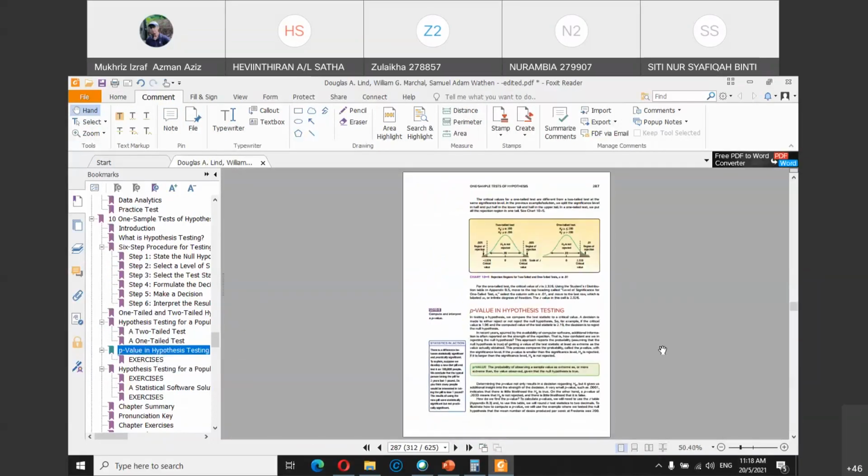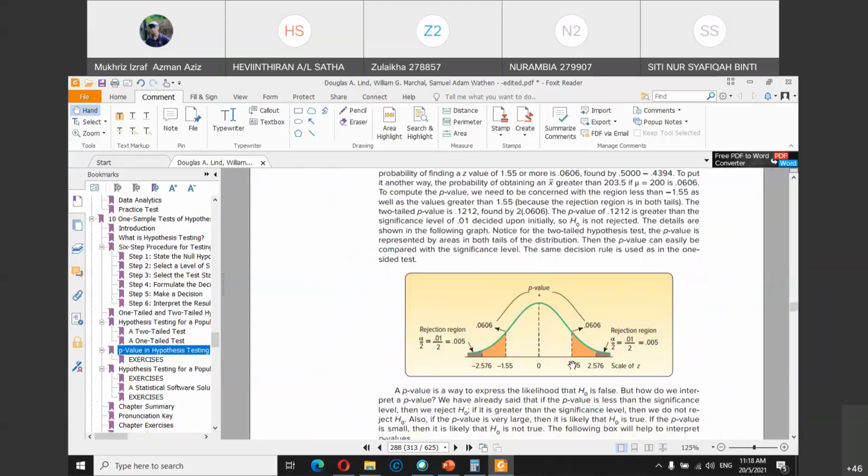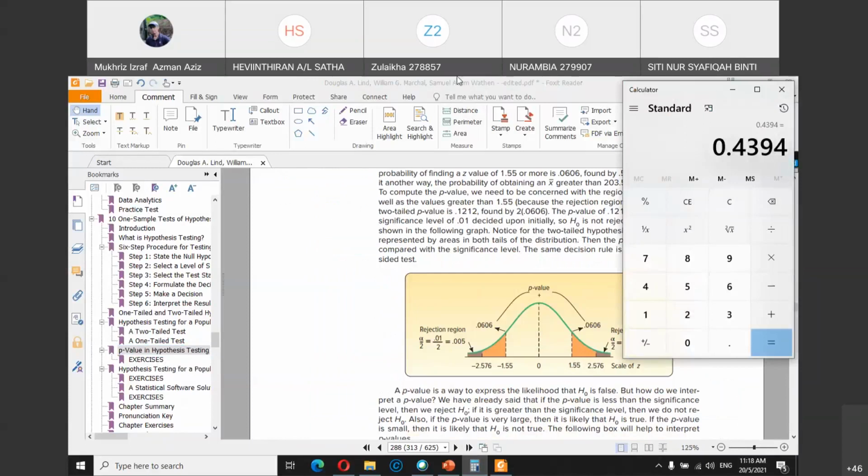Okay, example again. We know that 1.55 just now corresponds to 0.4394. So what does this mean?